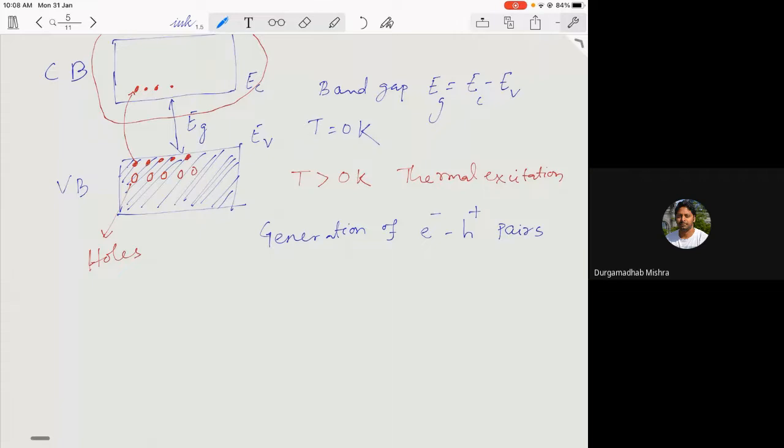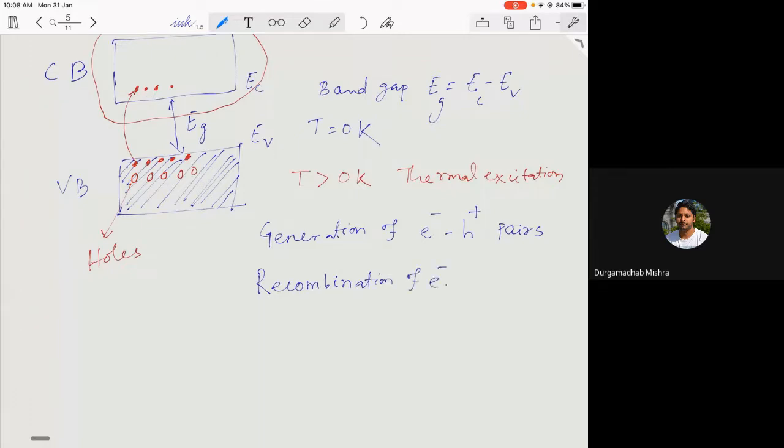And when we generate, this is a statistical process. It is also possible that an electron can come back to the valence band and recombine with the hole. So what generation also means is that the process of recombination can also happen.